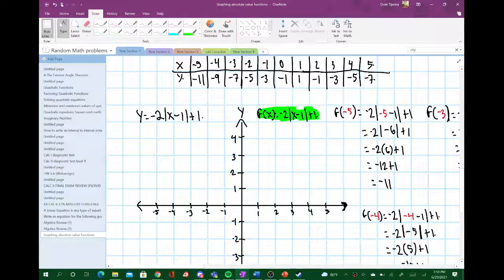So actually, hold on. You can do from, because your lowest y value is negative 4, negative 5 is not on the grid. We can't do negative 5.